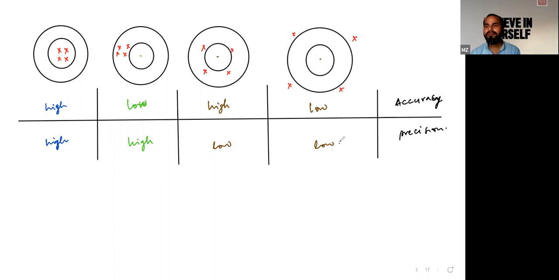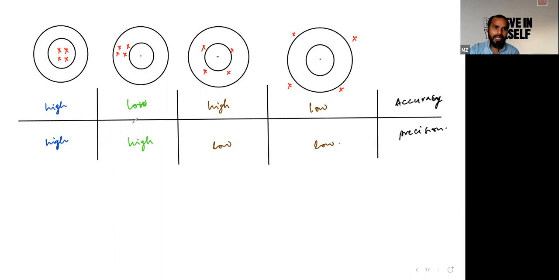So in the second example, the accuracy must be high because they are close to the central point. No, they are not close to the centermost point. They are very far from it. I have written low on the basis of this part, and on the basis of precision, they are not closer either.